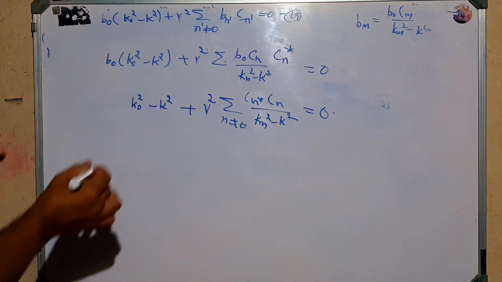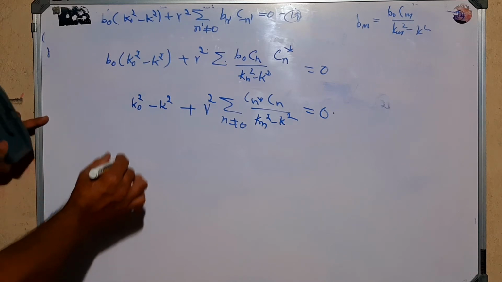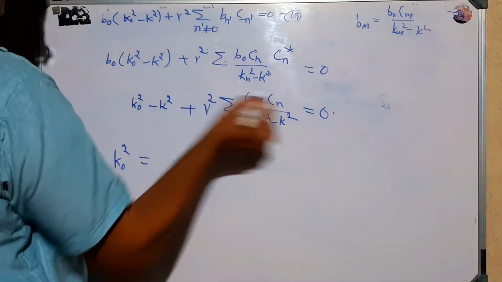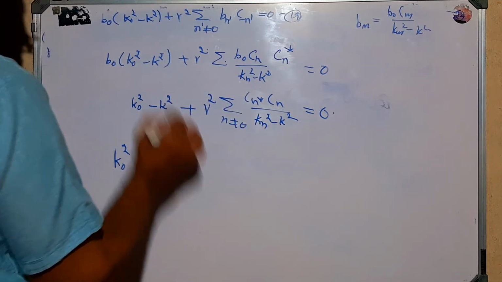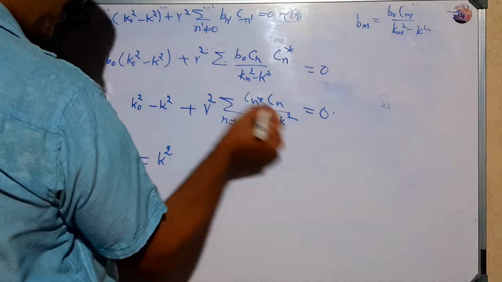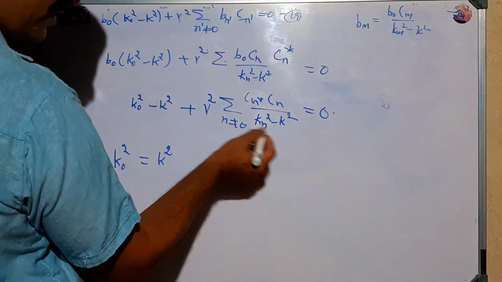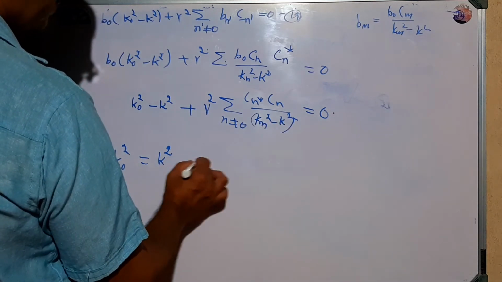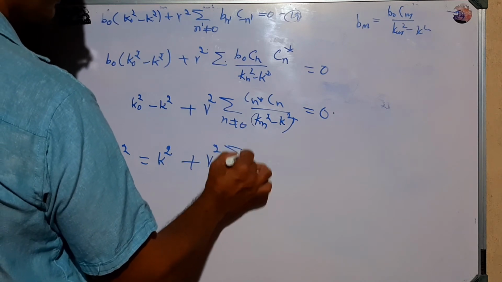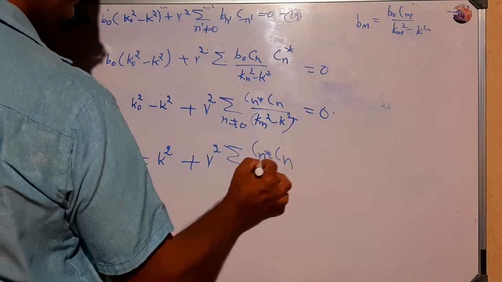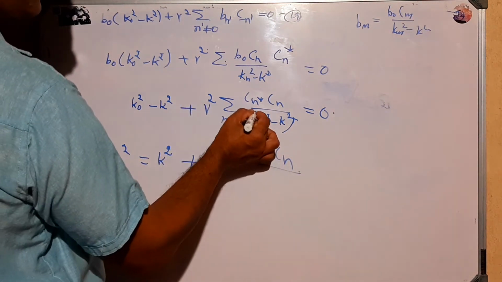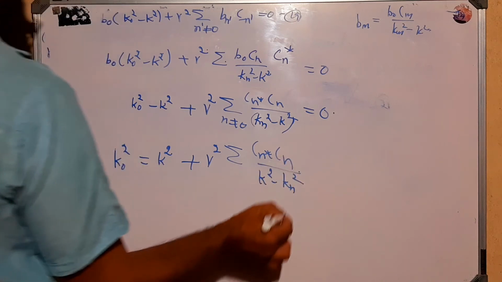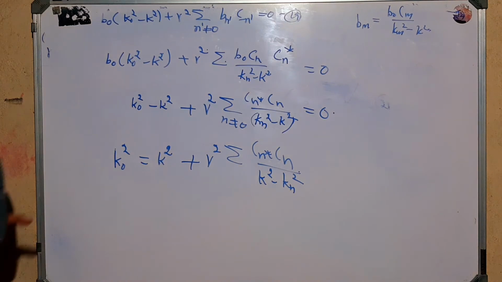Now you rearrange the equation for K naught square. So K naught square is equal to, it comes to the right hand side, it becomes K square. Now when it goes to the right hand side, it becomes minus, take minus inside this bracket. So it becomes plus only K square sigma Cn star Cn divided by, since I have taken the negative sign inside here, it becomes K square minus Kn square.